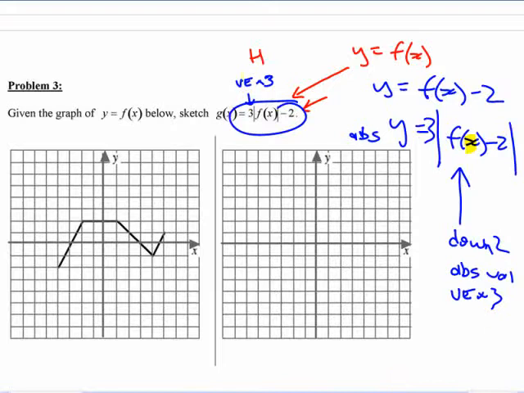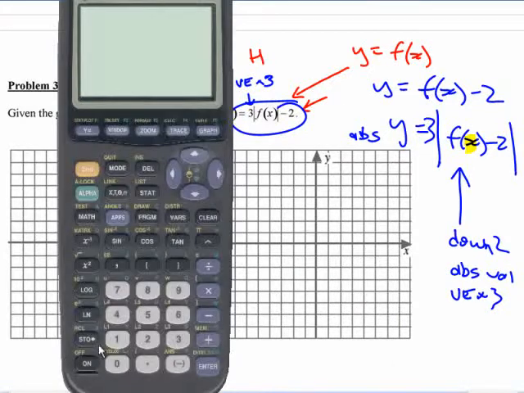You can experiment with it on your calculator. Put in just whatever random polynomial function, and then put in absolute value of that thing. Let's make up some kind of crazy wacko function here.